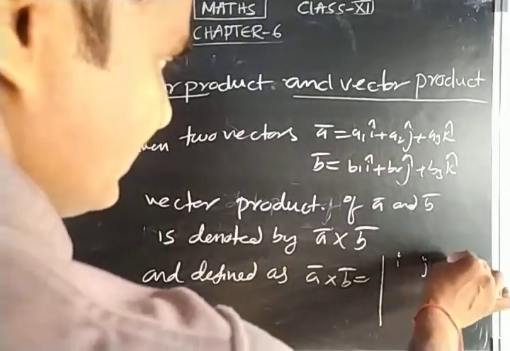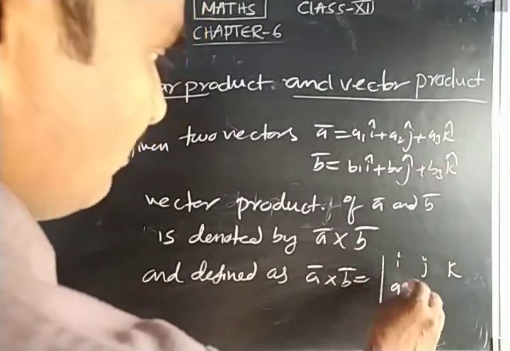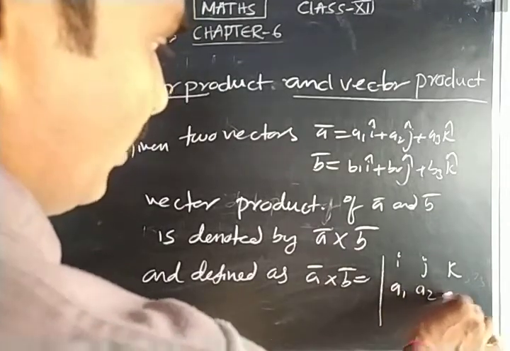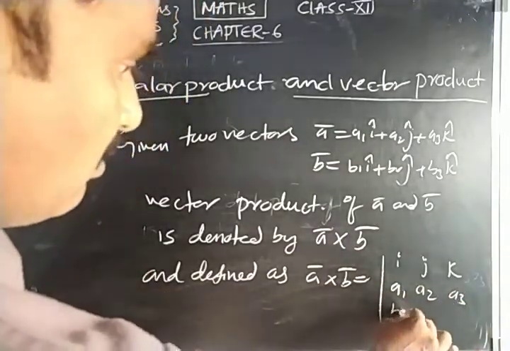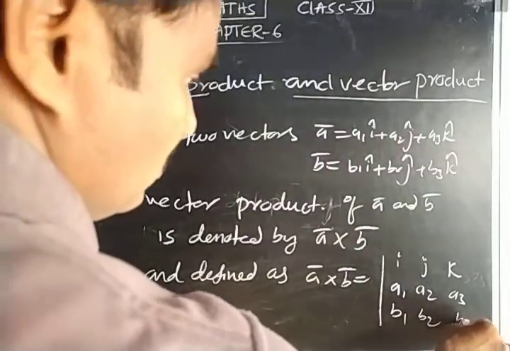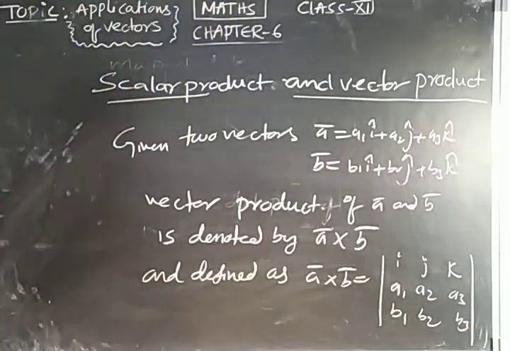Here the first row is i j k, then a bar components a1, a2, a3, and then b bar components b1, b2, b3. This is the method to find a bar cross b bar.